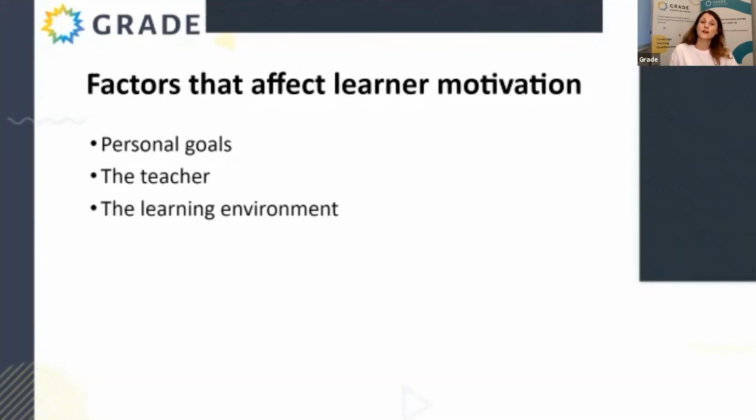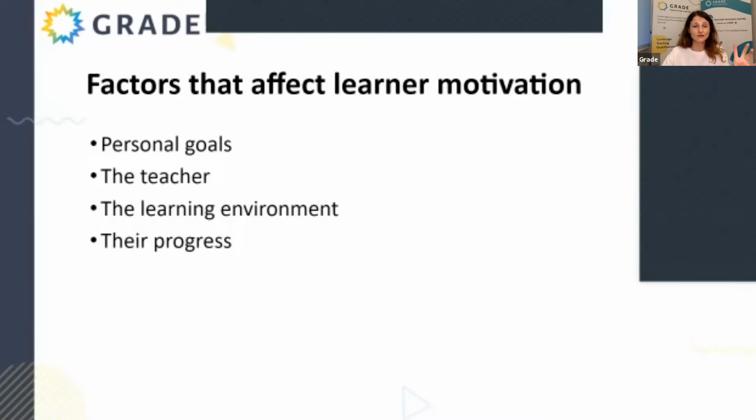The learning environment is the place either online or in the classroom where they spend their time. And there are some things that we have to take into account as well. Students' progress, of course, very important. When we look at these factors, it is important to remember that they work in a system.